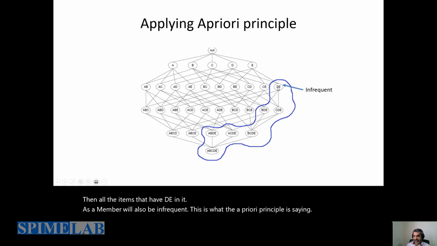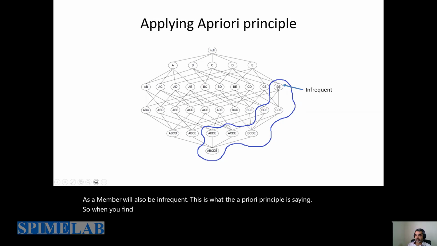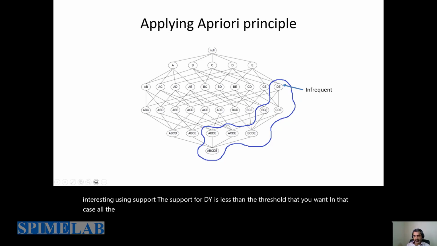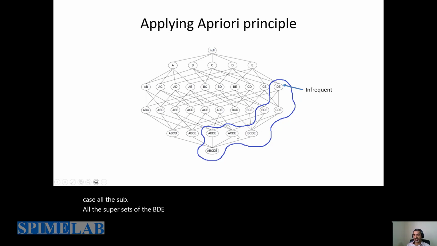So when you find DE to be infrequent, DE is not interesting. How do you measure not interesting? Using support. The support for DE is less than the threshold that you want. In that case, all the supersets of DE, BDE, CDE, BCDE will also be infrequent, so you don't need to check them.